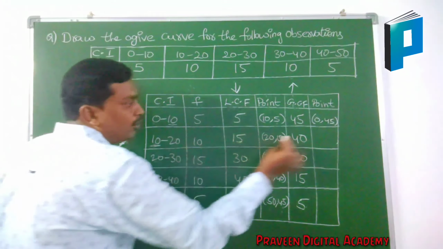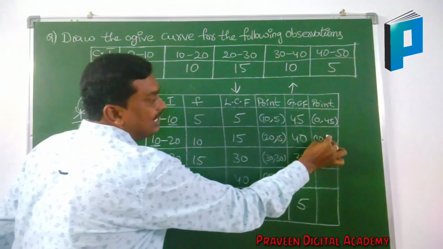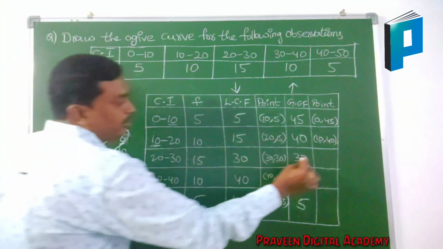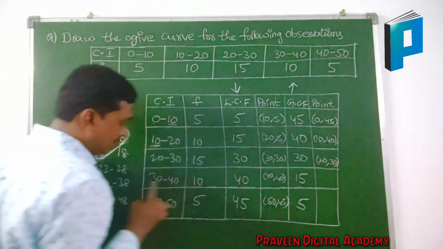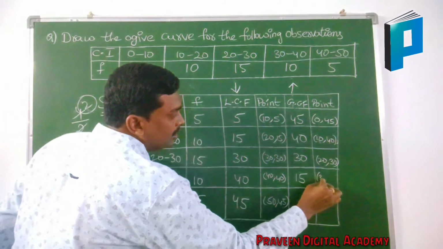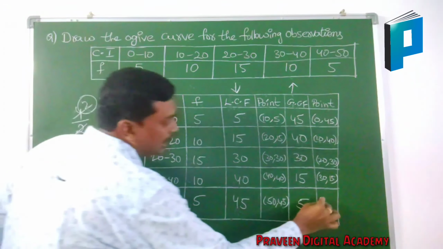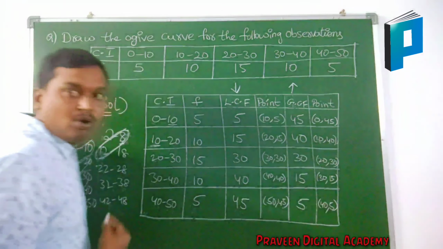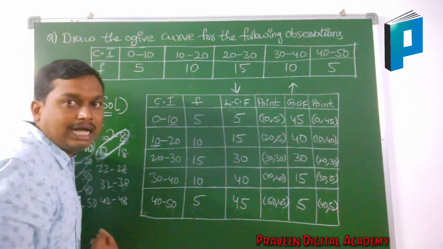Now the lower boundary 10 becomes the x coordinate and GCF the y coordinate. Now the lower boundary 20, comma 30, and 30, comma 15, 40, comma 5. So we got all the points for the curve.